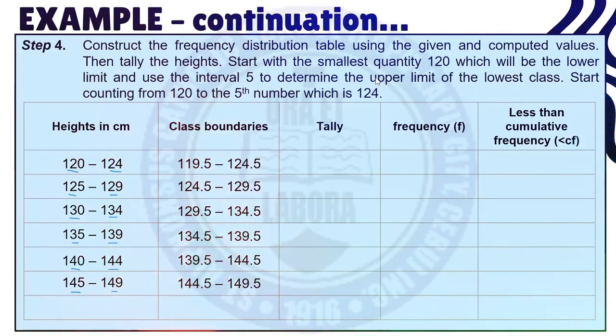So this will be our lower boundaries. Then for our upper boundaries, we have the following: 124.5, 129.5, 134.5, 139.5, 144.5, and 149.5.